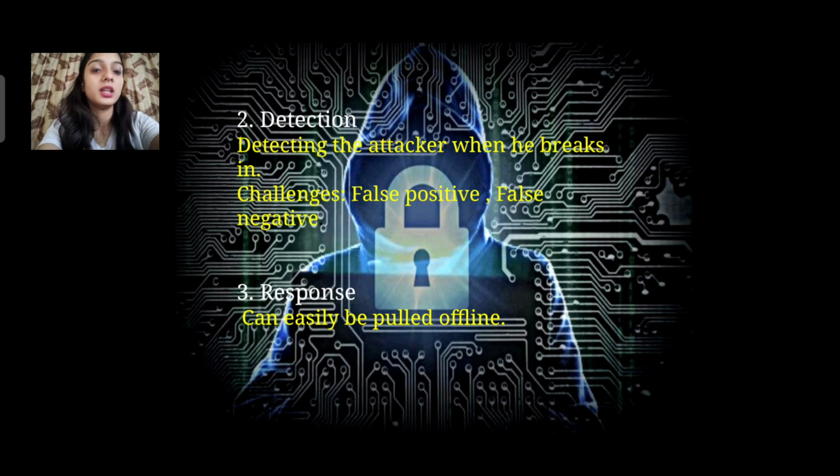Second is detection. In detection we detect the attacker when he breaks into the honeypot. When the attacker, or we can say the intruder, accesses the honeypot, then we can trace his IP address or detect his activity. Then third is response. So it can be easily pulled offline.